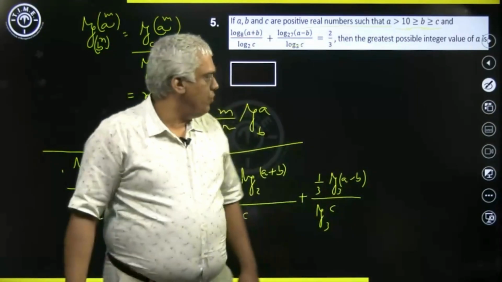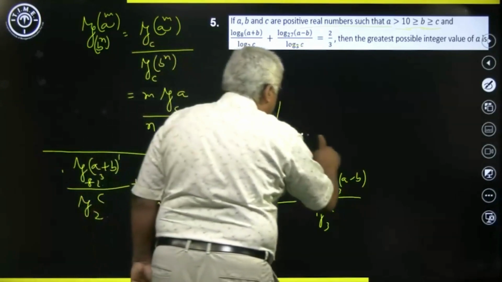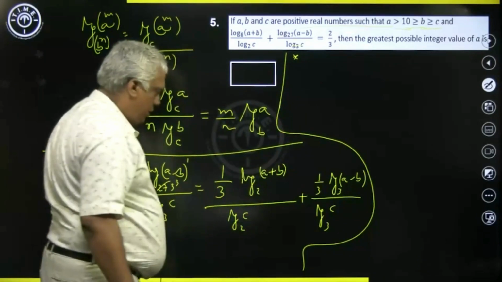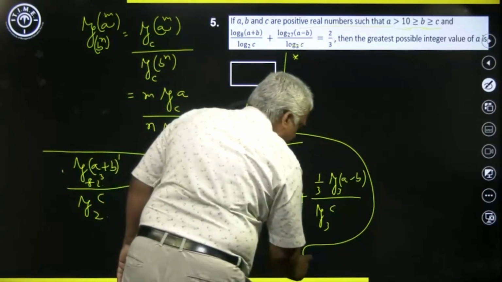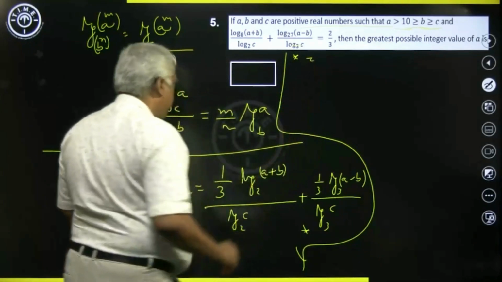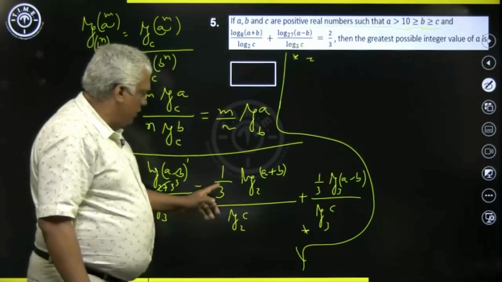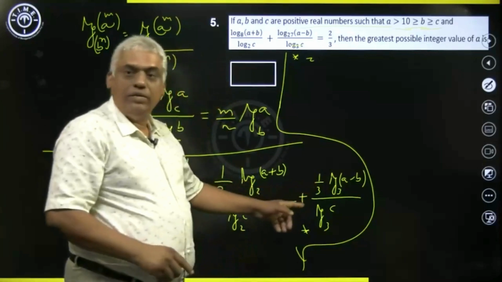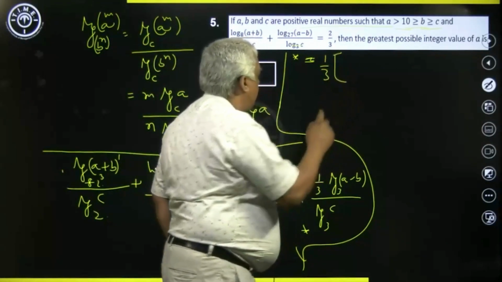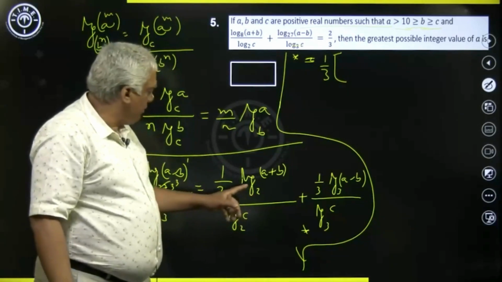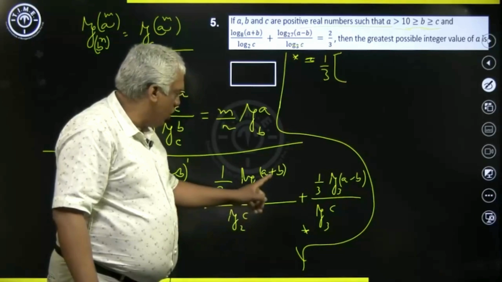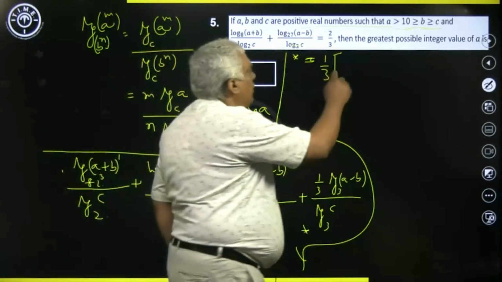Now, from this step, we can take 1 by 3 common. Here we get log of a plus b to the base 2 by log of c to the base 2, so it will be log of a plus b to the base c.